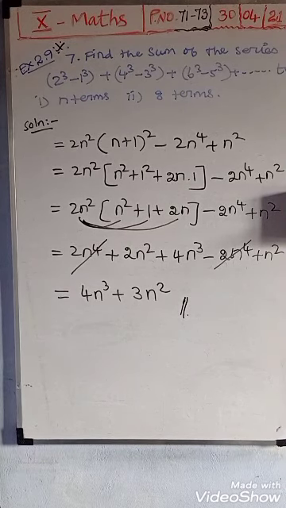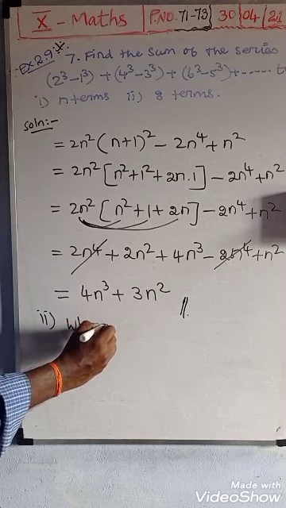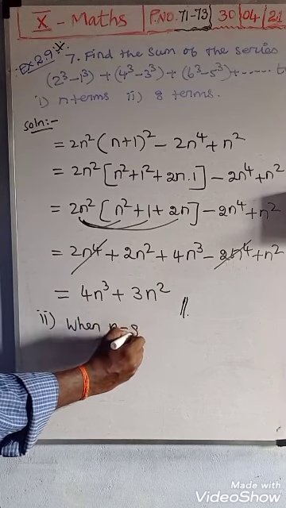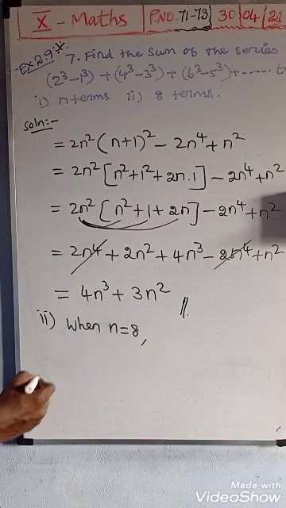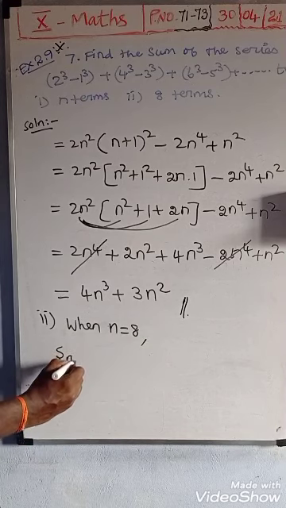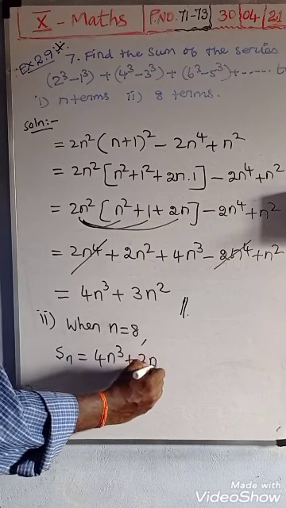Okay, next the second question asks for the sum up to 8 terms, that is, when n is equal to 8. If you add n terms, what is the sum of the series? Sn is equal to 4n cube plus 3n squared.